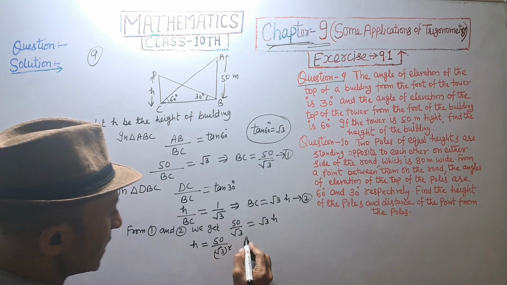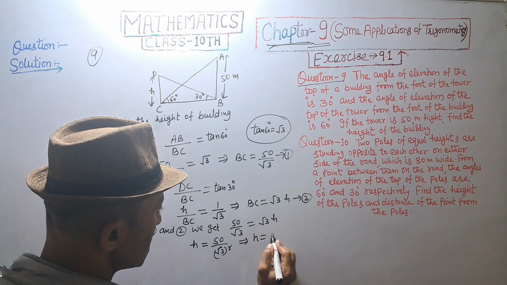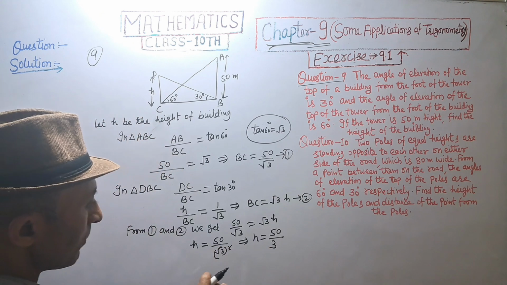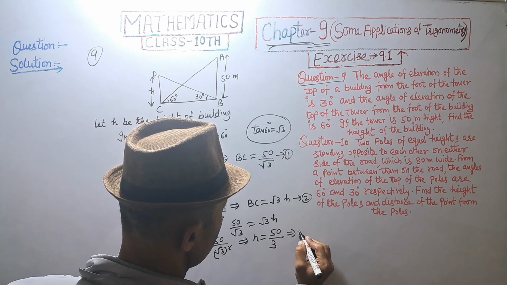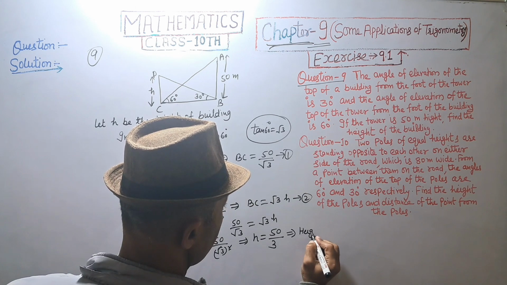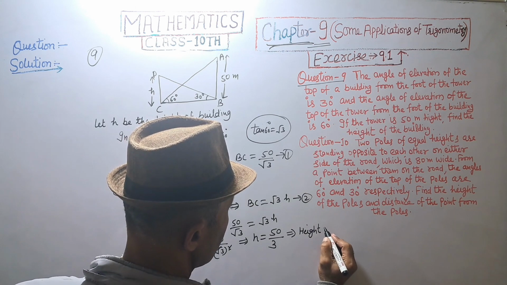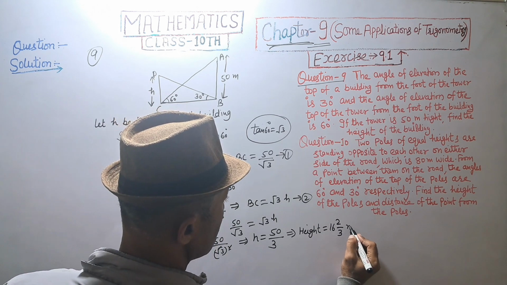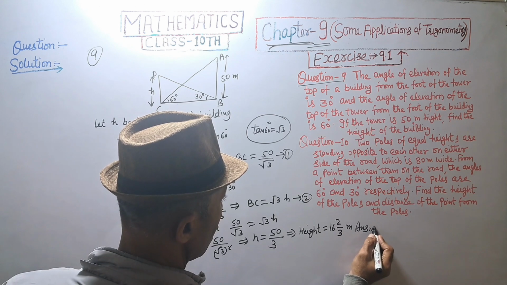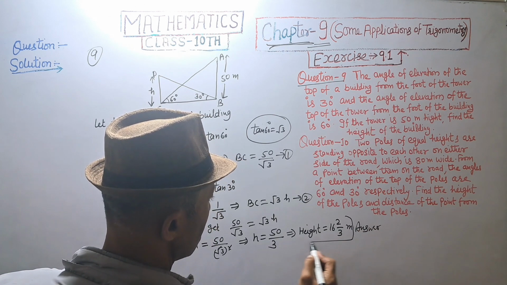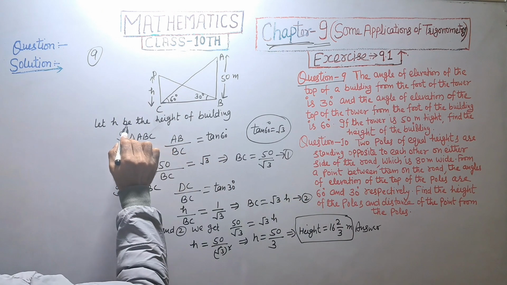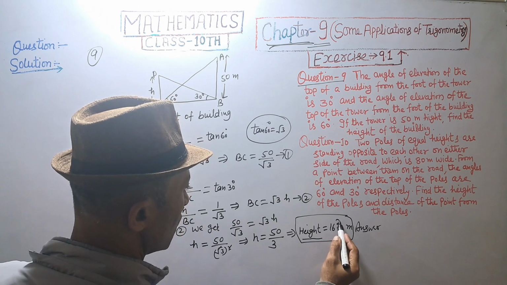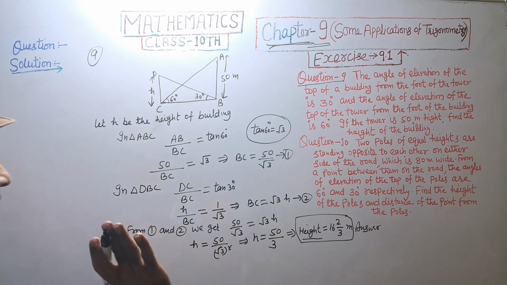The square root is cancelled, so H is equal to 50 upon 3. This implies the height is equal to 16 whole 2 upon 3 meters. Answer. The height of the building, H, is equal to 16 whole 2 upon 3 meters. Answer.